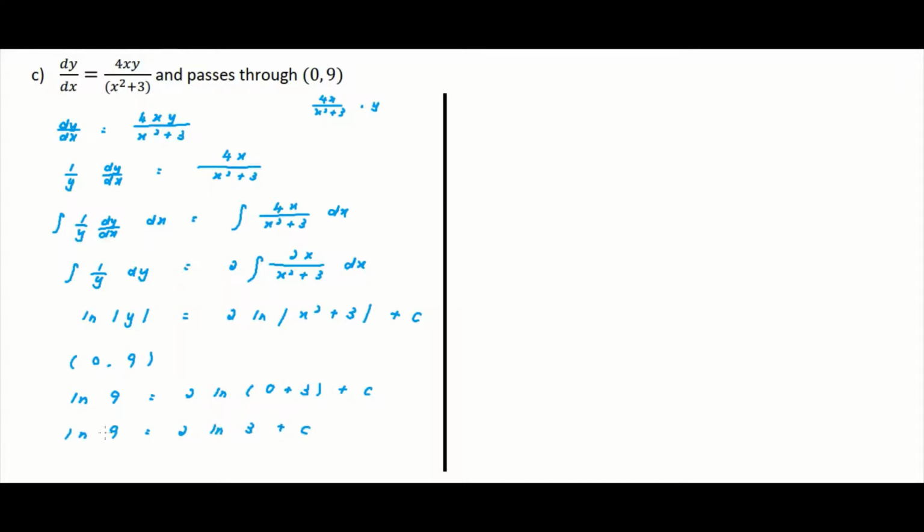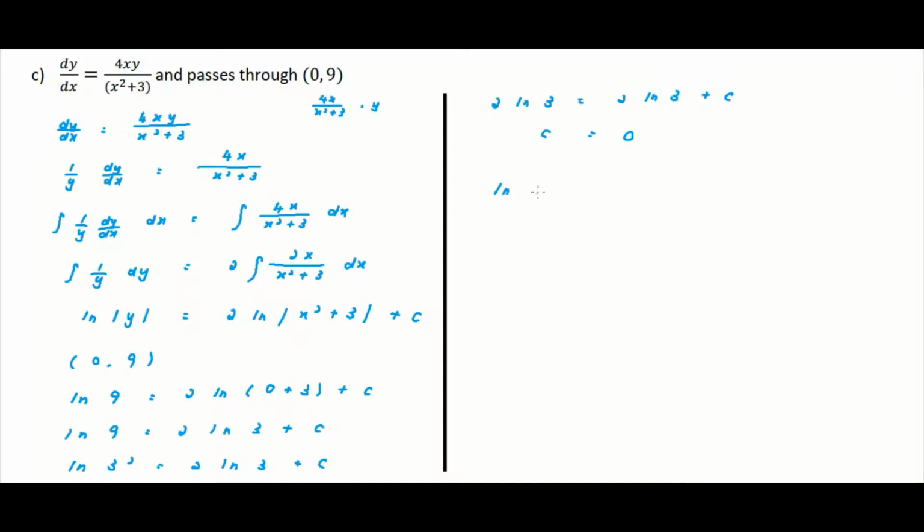Alright, ln 9, you know that you're going to get ln 3 squared, right? So when you put your index to the front, you get exactly the same thing: 2 ln 3 equals 2 ln 3 plus c. So that's why your c is equal to 0. Now we substitute back into the equation that we have.